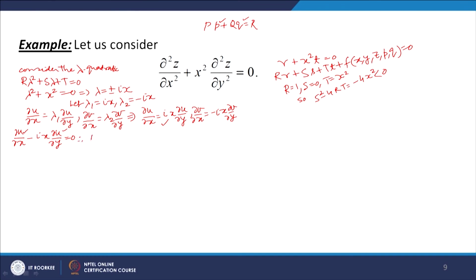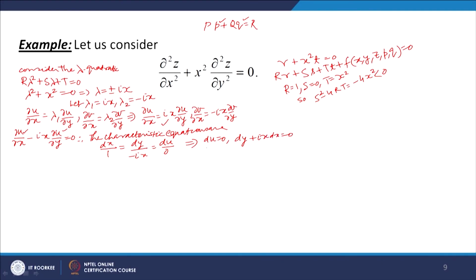So, the characteristic equations are dx over 1 equal to dy over minus ix equal to du over 0, which implies that du equals 0 and dy plus ix dx is equal to 0.